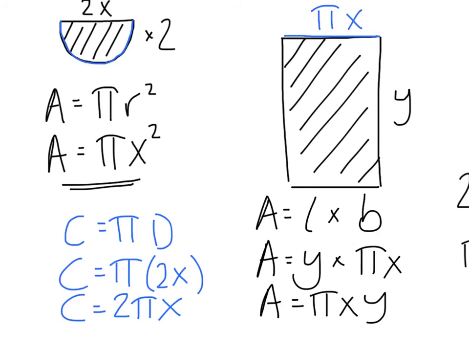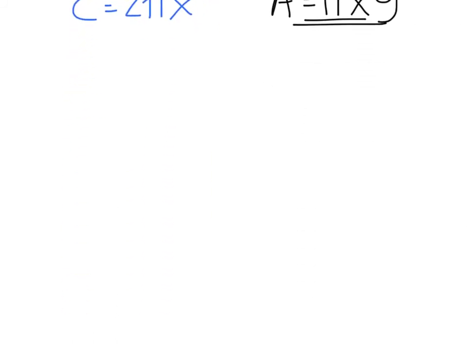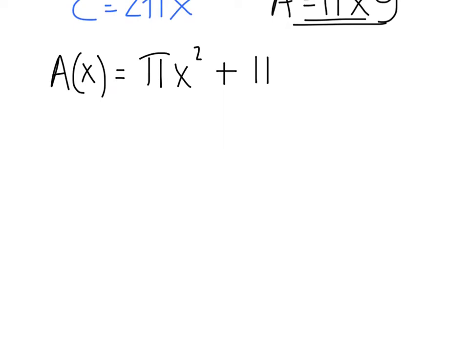What that means then is that the total area, or total internal surface area, will be these two things added together. So the total internal surface area is written down as A of x, and the semicircular parts in total is pi x squared, adding on the curved surface area, which we now know is pi x y, gives us this.